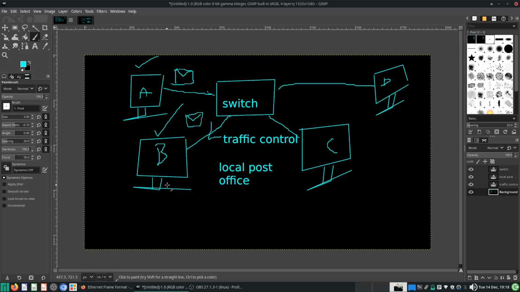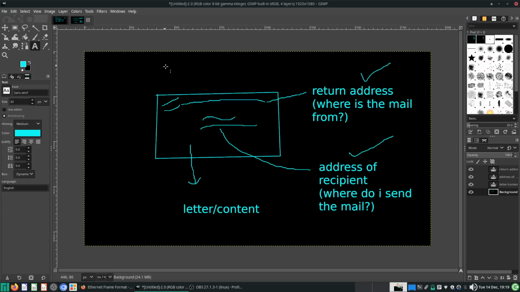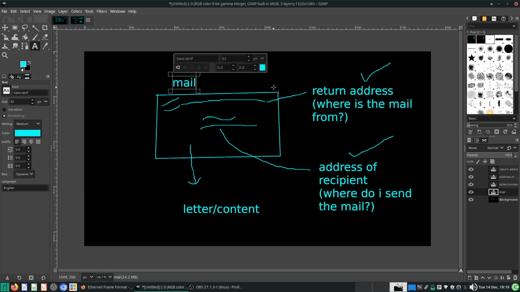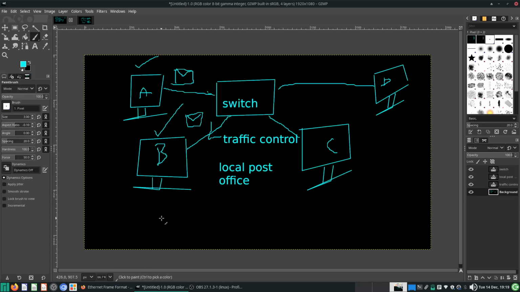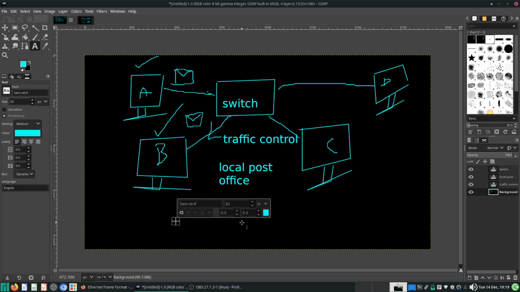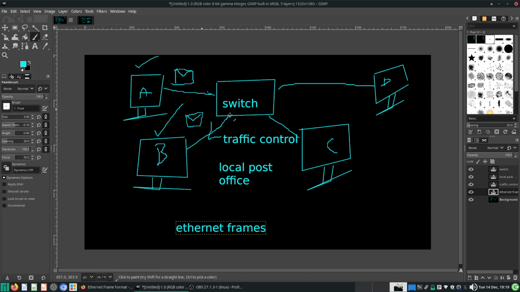The whole idea of Ethernet is to make sure everyone has a standardized format of sending and receiving these mail packets. In real life we have snail mail. For Ethernet systems we have Ethernet frames.